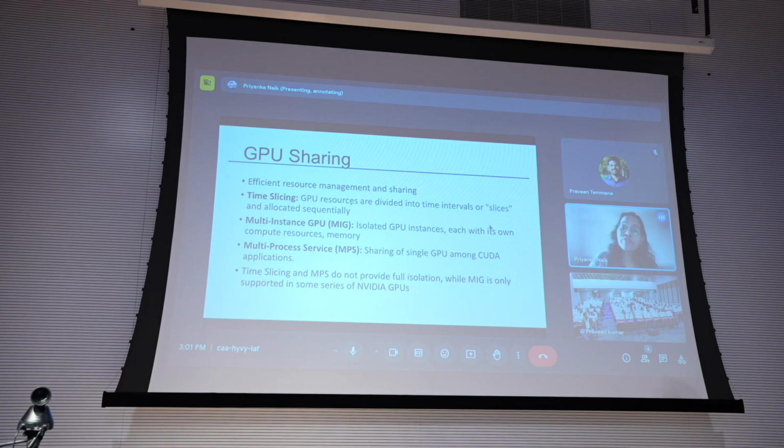Something provided from the hardware perspective is called multi-instance GPU, or MIG. What it provides is isolated GPU instances for each of your users. So there is a clear isolation of the resources being provided. Both compute and memory can be isolated for these GPU instances.